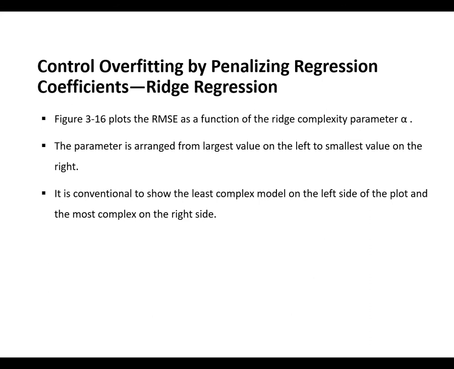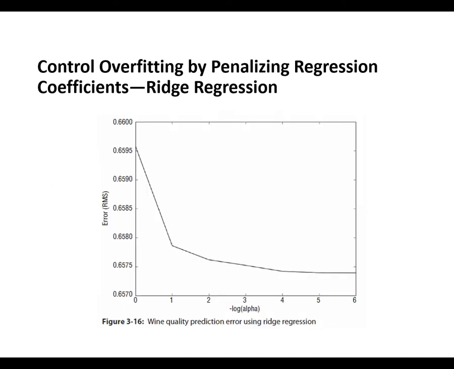Now for ridge regression we try to draw the graph and see what happens. As we had studied in forward stepwise regression, here on the y-axis we have root mean squared error, and we have log alpha.